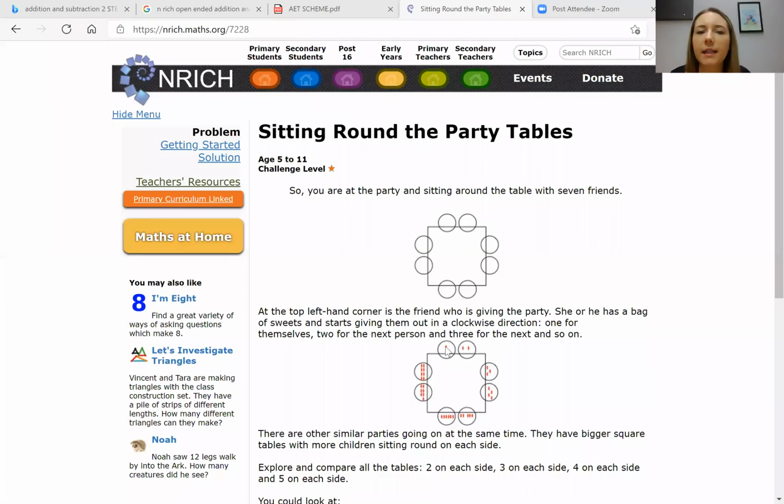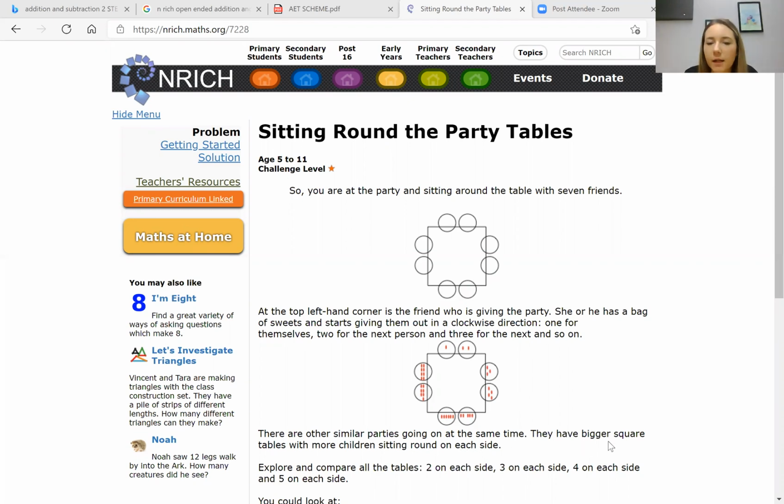So the investigation that I'd like you to have a look at for challenge 3 is called Sitting Around the Party Tables. So you're at a party and sitting around the table with 7 friends. So you're here, so there's 8 of you all together sitting around the table.